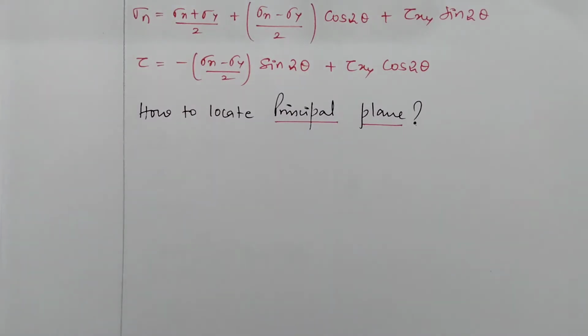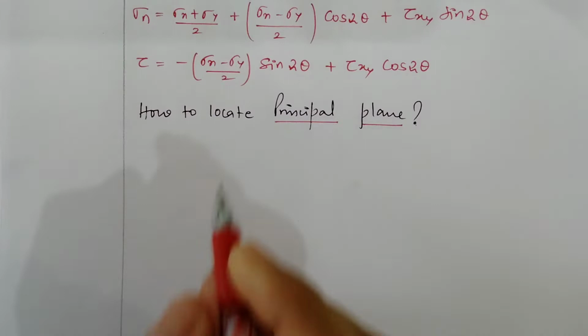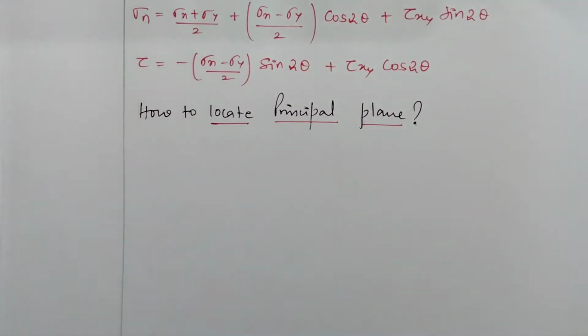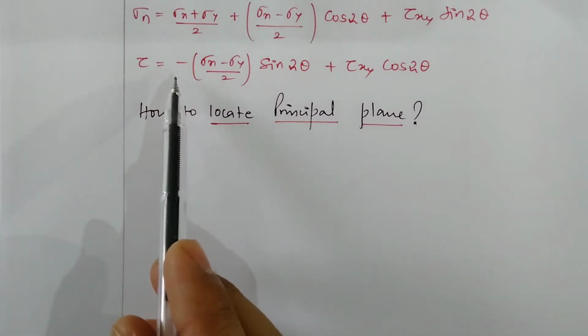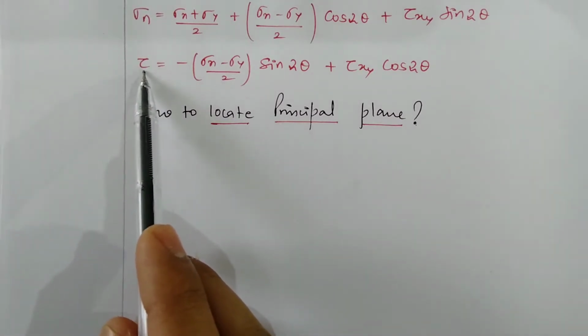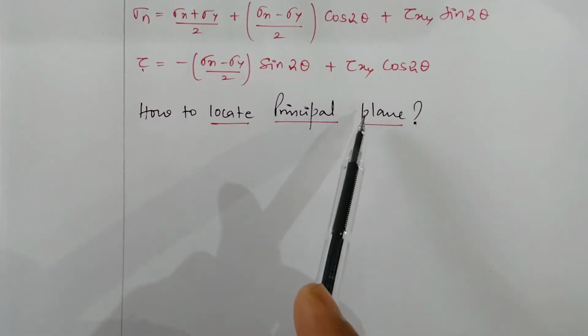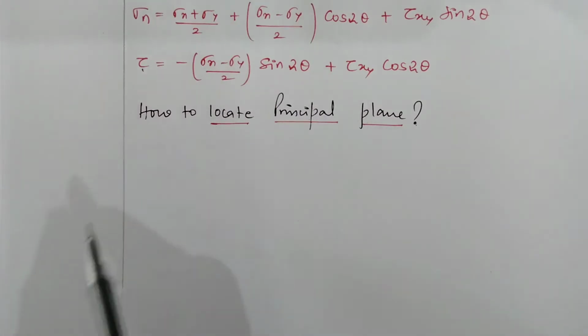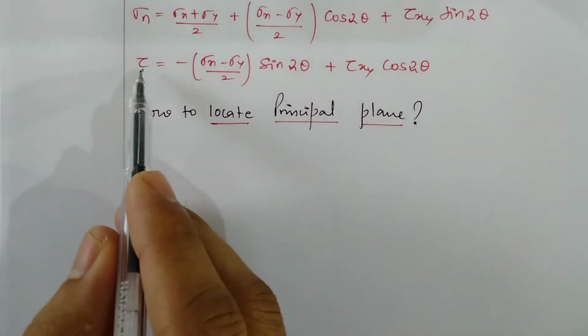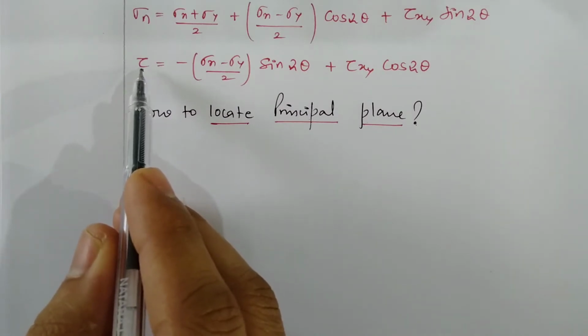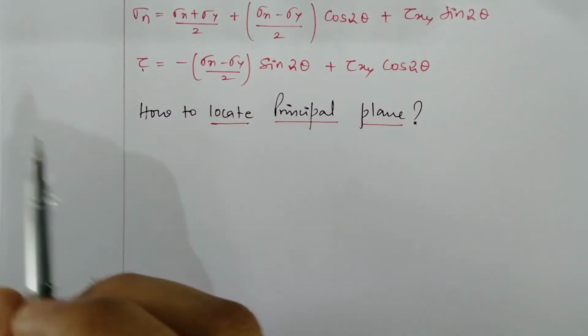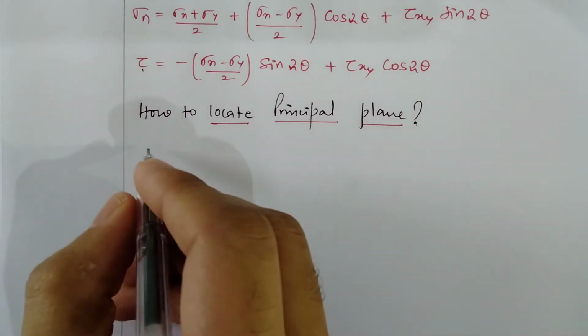Now, in order to get the location of principal plane, in the shear stress equation I will put the value of shear stress as 0. Why? Because principal plane is an oblique plane on which shear stress value will be 0. Let me find out what the consequences are.